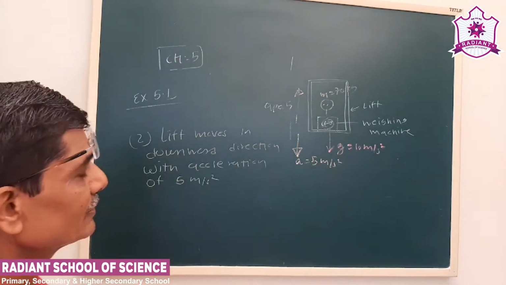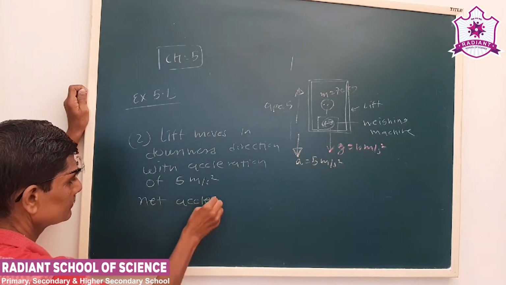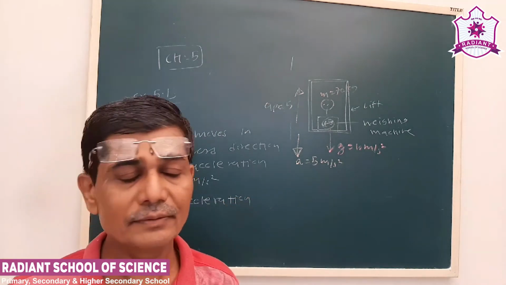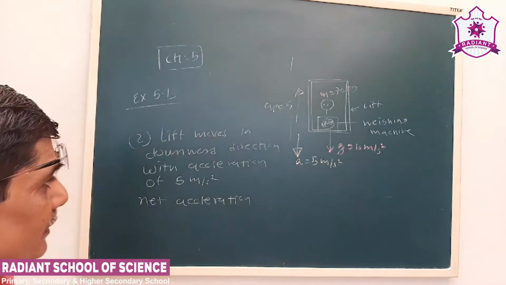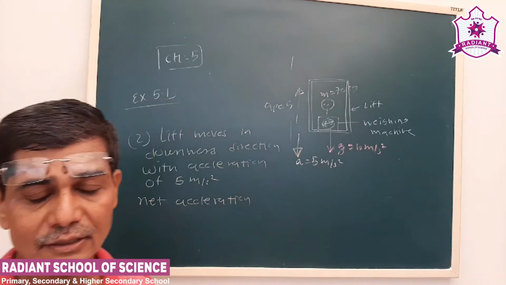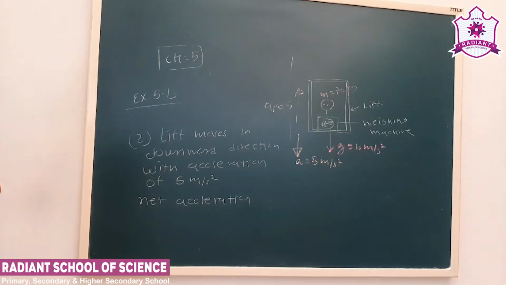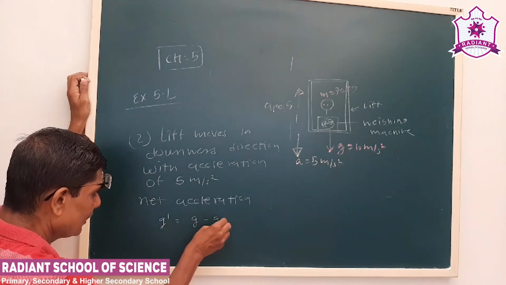So what is the net acceleration? Here we have to consider the pseudo acceleration, not the real acceleration. As I told, the pseudo acceleration is always in the opposite direction of the actual acceleration. So net g dash will be g minus AP.